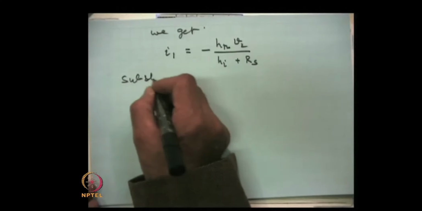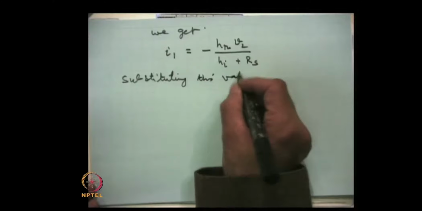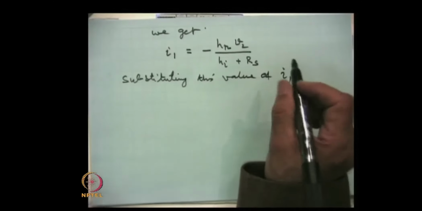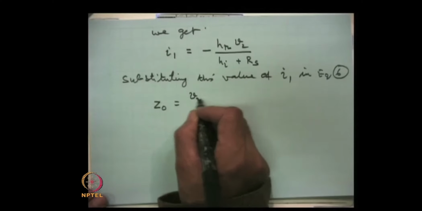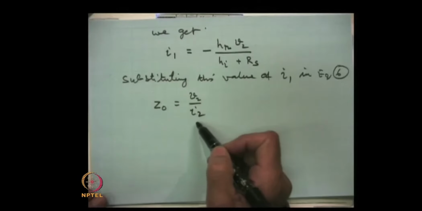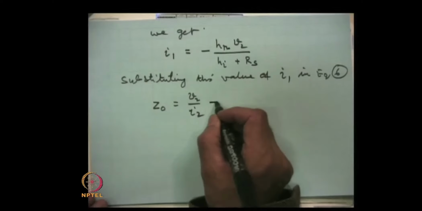When we substitute this value of I 1 in equation 6, which is this equation, that will result in this ratio V 2 by I 2, which will give us the output impedance.